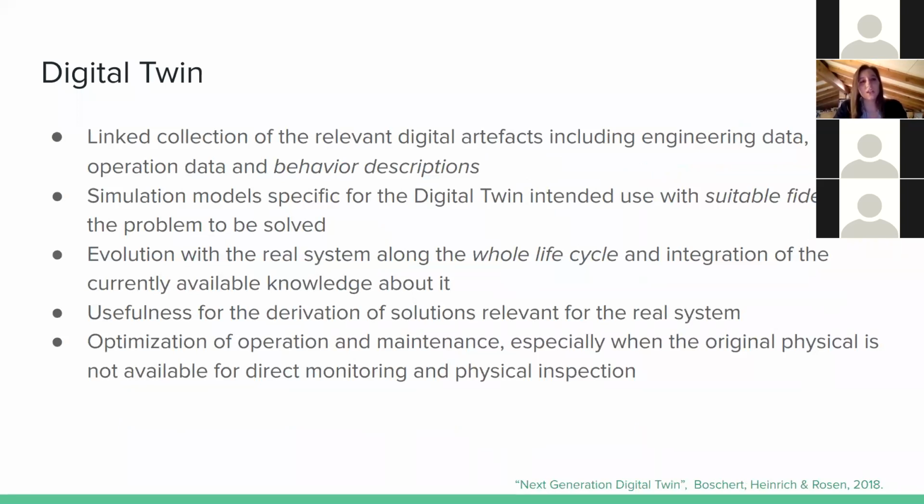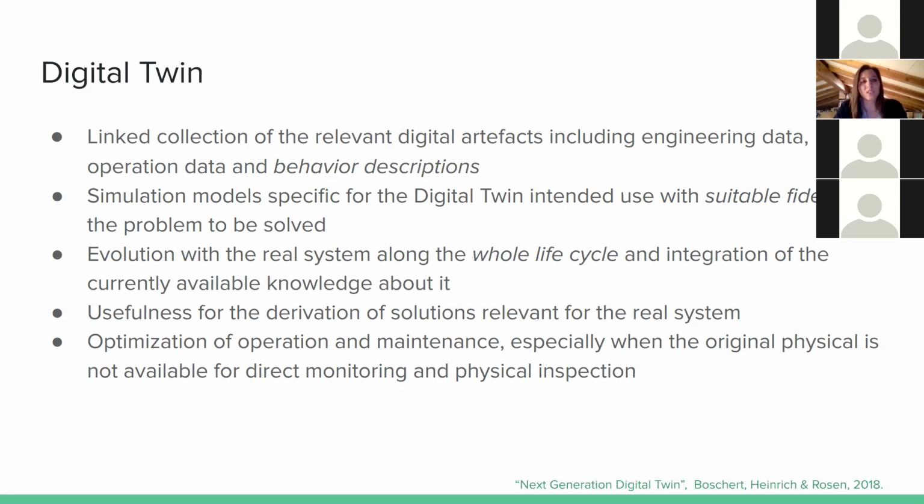So first of all, a digital twin is a linked collection of data. These data are engineering data. As I said before, they are not just descriptional data, in a sense: how do you know that a twin is a twin? Because you have the same shape, but also the same behavior. So you also need operational data from industrial processes, such that you have a good behavior description of your process.